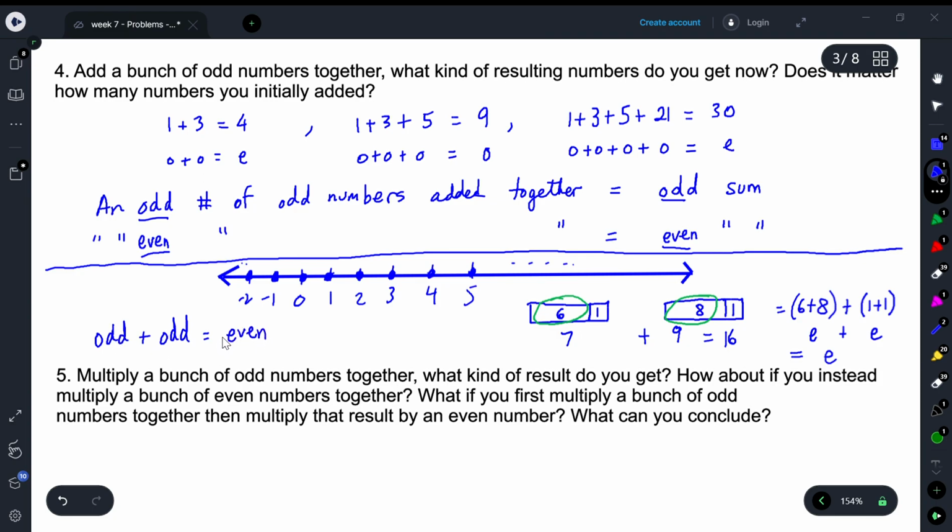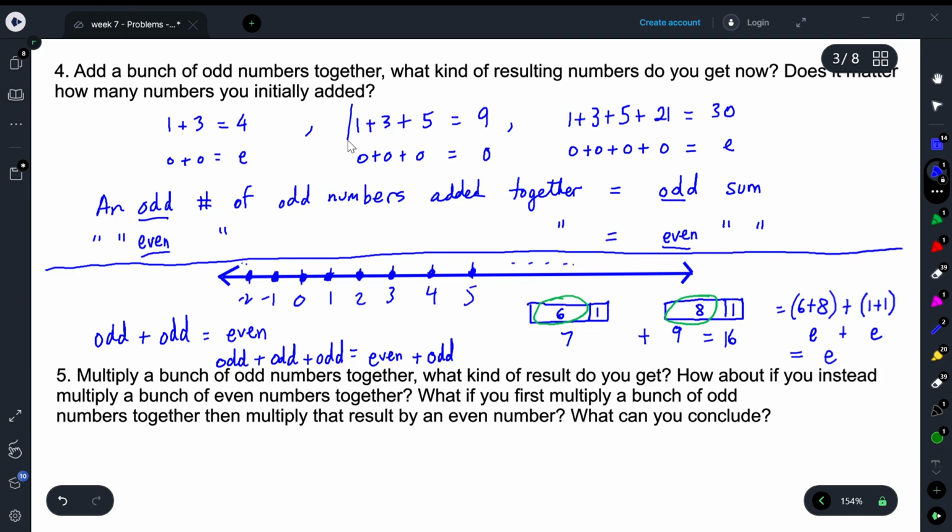But what if we add three odd numbers together? Well, three odd numbers together would be odd plus odd plus odd. We add the first two numbers, that gives us even. And now we have to add one more odd number to our even result. Can we guess what this is going to be?